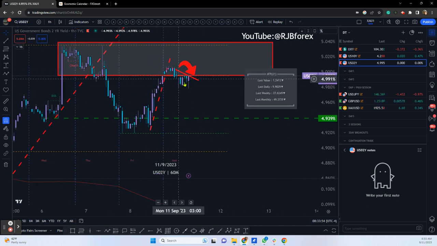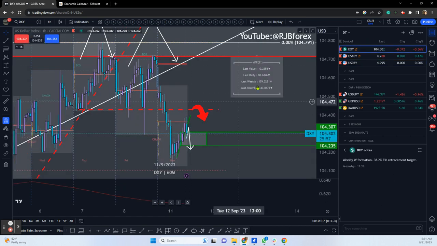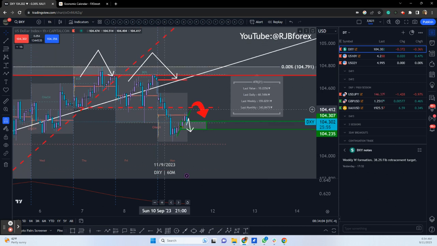So we might be seeing the dump before the pump, and that would be bullish for gold and would bring some stability into the dollar, which has already sold off pretty heavily on the day. That might well need to come back up even further.